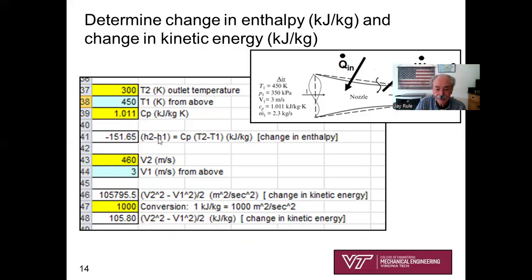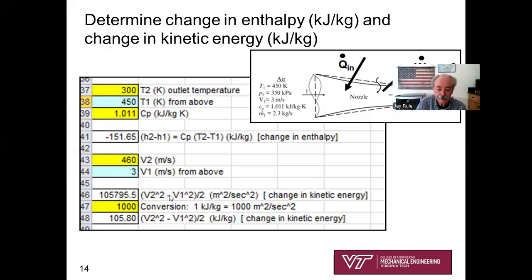So the change in enthalpy, h2 minus h1, outlet minus inlet, is negative 151.65 kilojoules per kilogram. Easy. A little tougher: velocity given, 460 meters per second leaving, V1, 3 meters per second going in.